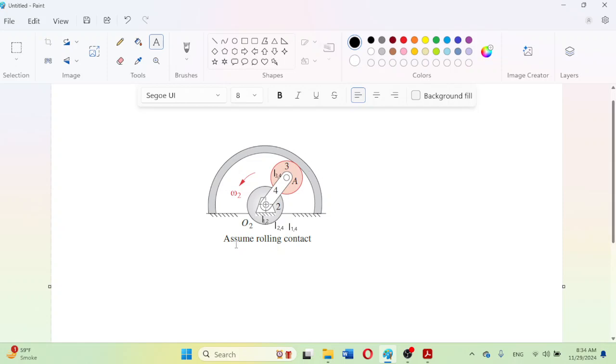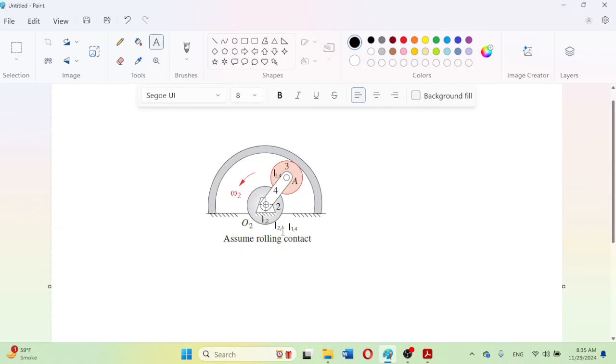So as we can observe here that the author has mentioned here assume rolling contact. So whenever it is mentioned that assume rolling contact, that means pure rolling, means there is no slipping. So here, because this ring, outer ring, is actually fixed or stationary and is not moving, and this link number third, this actually the gear which is in complex motion, this link is actually in pure rolling, means rolling without slipping.